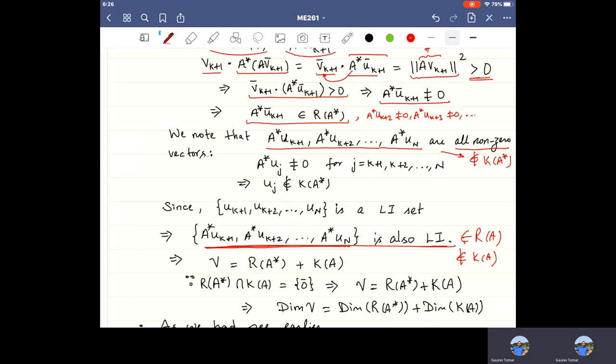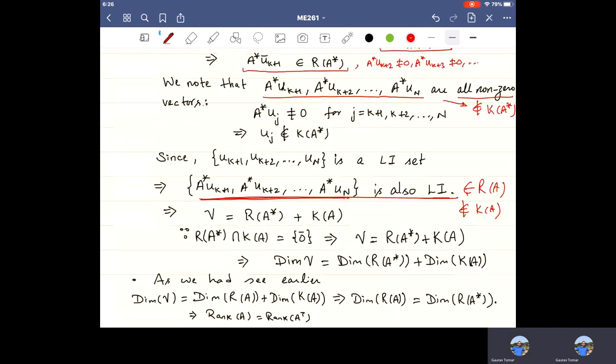So we can write the vector space V as a summation of range of A star and kernel space of A. Since the intersection is 0, we'll say that this is going to form a direct sum.